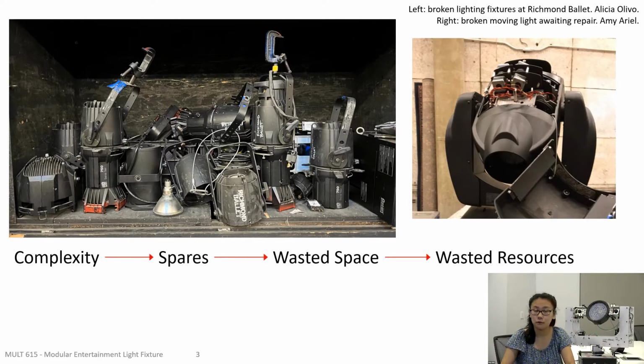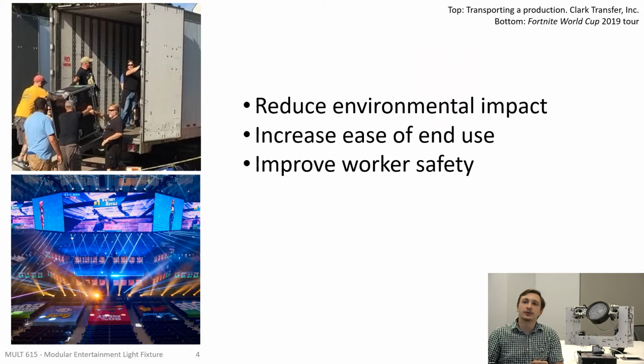This requires a lot more truck space, which in turn also uses a lot more CO2 emissions and other wasteful resources. After identifying these problems, our team devised a solution to create a modular light fixture design that would separate the head, yoke, and base components. This would reduce overall environmental impact, as tours would have fewer spare parts that they would need to carry, since they can replace an individual module on site.